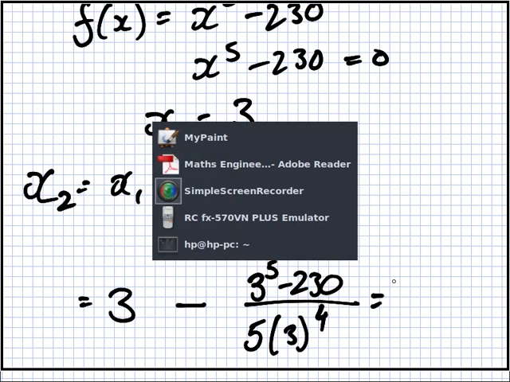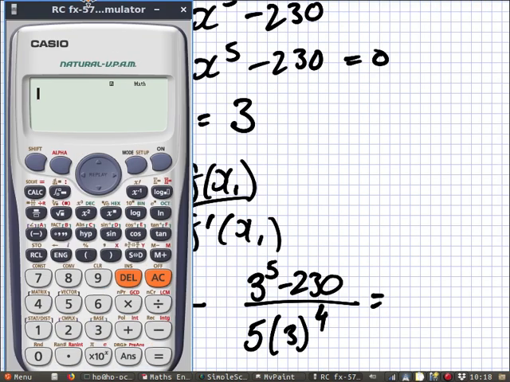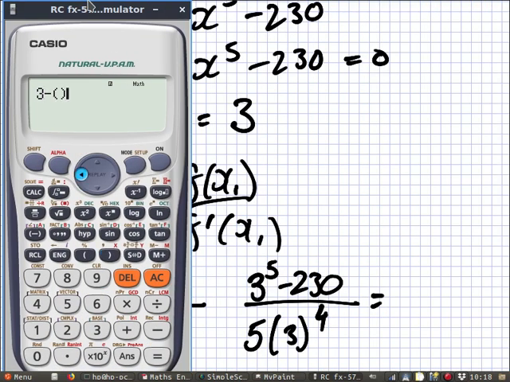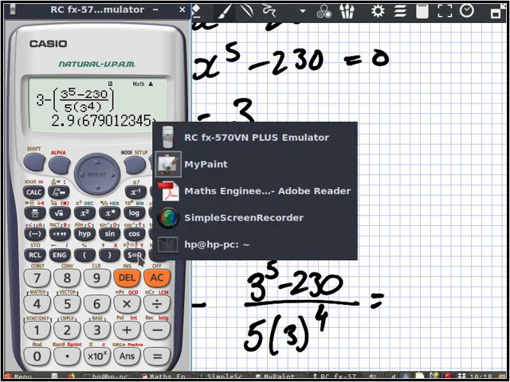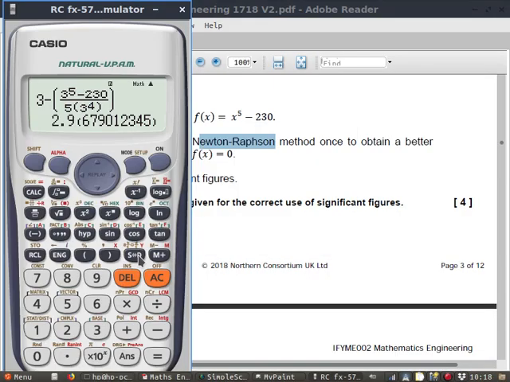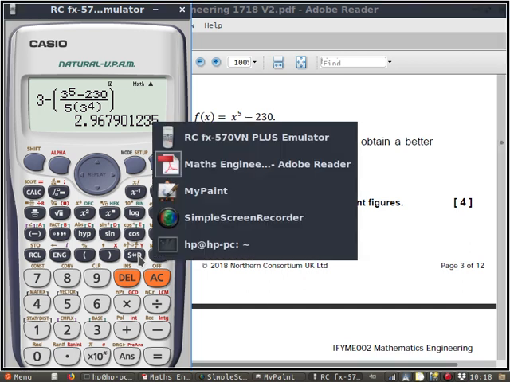So we take out our calculators and type in 3 minus the fraction, on the top we have 3^5 minus 230 over 5 times 3^4. And then they want the answer, I think, to 4 significant figures. So that's 2.968.